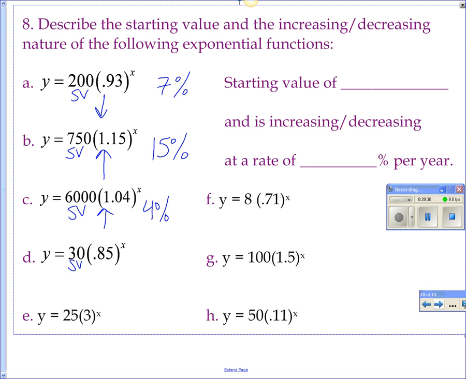Elijah, is this one going to be increasing or decreasing? Very good, because it's less than 1. All right, Brandon, what percent would have been in the original? Very good. So you have to do 1 minus that, and he got 15%. Good. All right, Shakira, what's my starting value on this one?